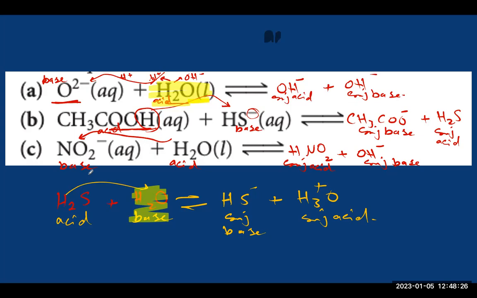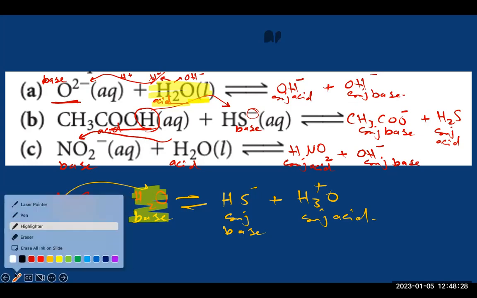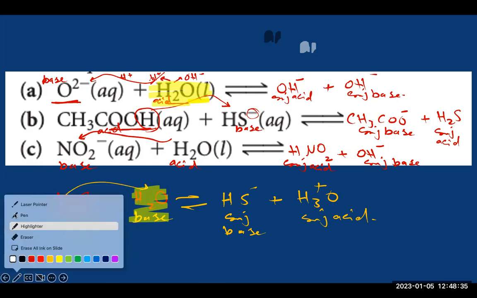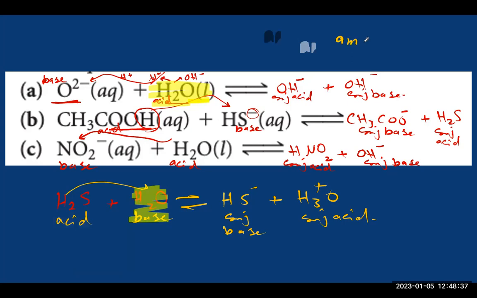An amphoteric substance is a substance that can act as both acid and base, Bronsted acid and Bronsted base. So the amphoteric substance is a substance that can act as an acid and base at the same time.